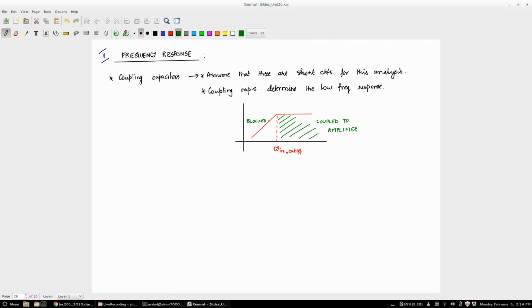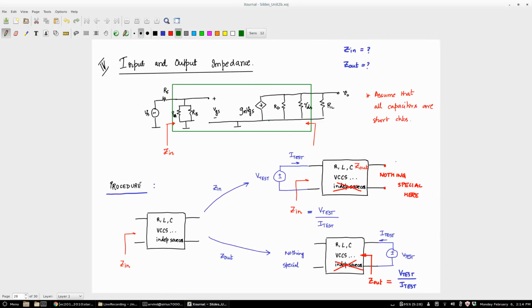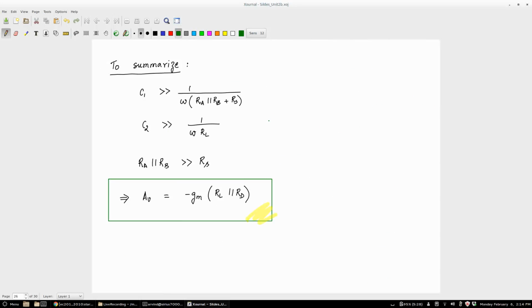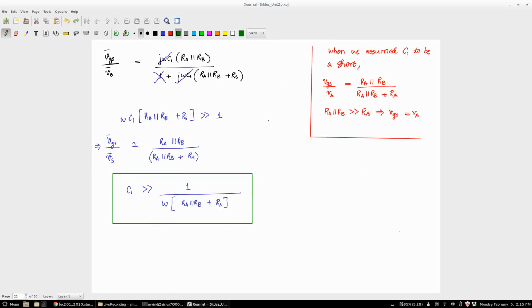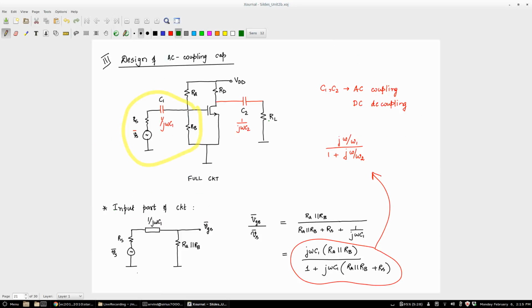What does this mean? It means that everything that is higher than this will be coupled to the amplifier, and what is in this region will be blocked.